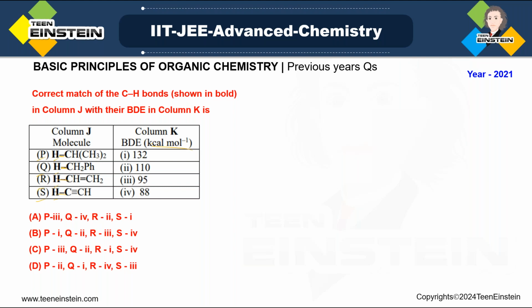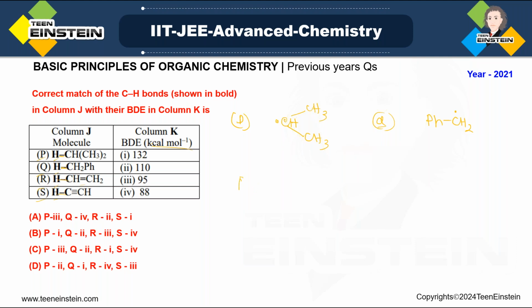Now when you are breaking in the first case, what radical will you get? You will get this type of radical, right? When you are breaking the bond in PhCH3, basically toluene, you will get PhCH2. This is the radical. Now for R and S, in this case you have a C=C double bond and a C≡C triple bond.